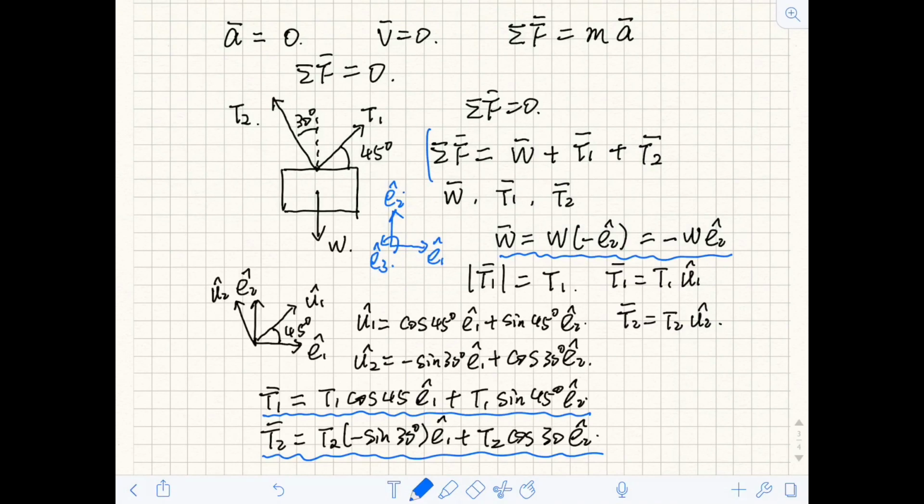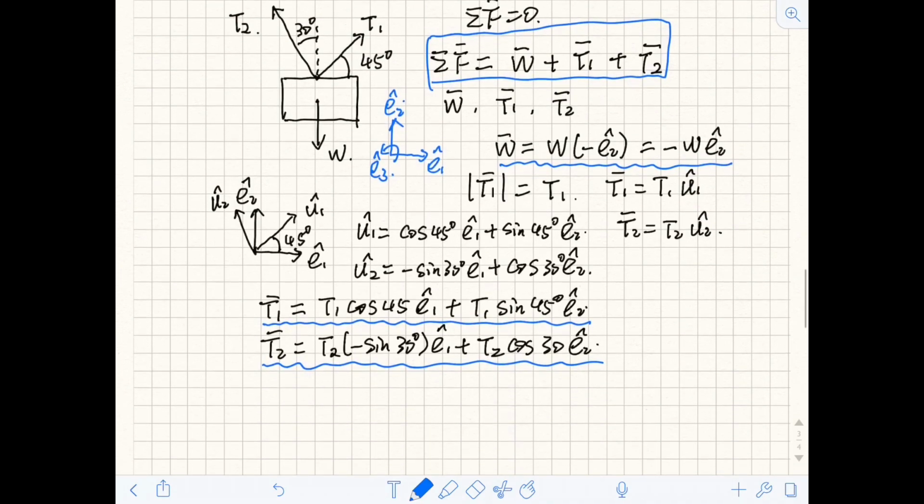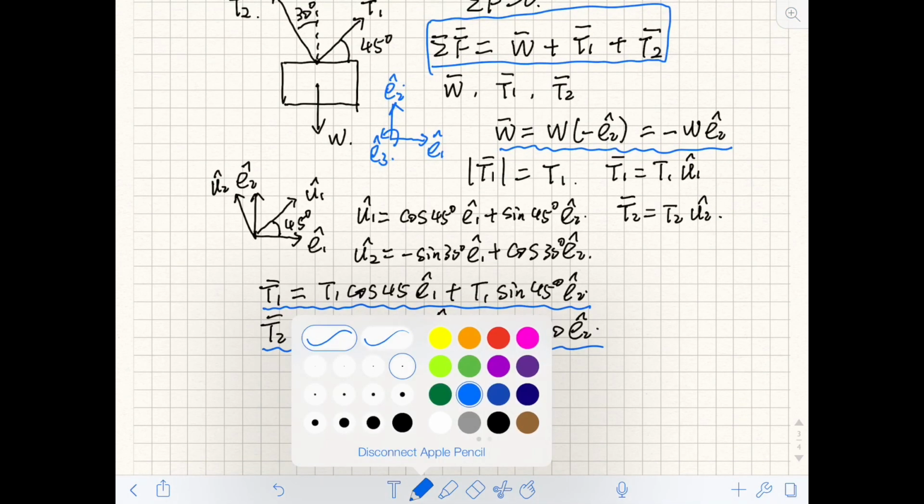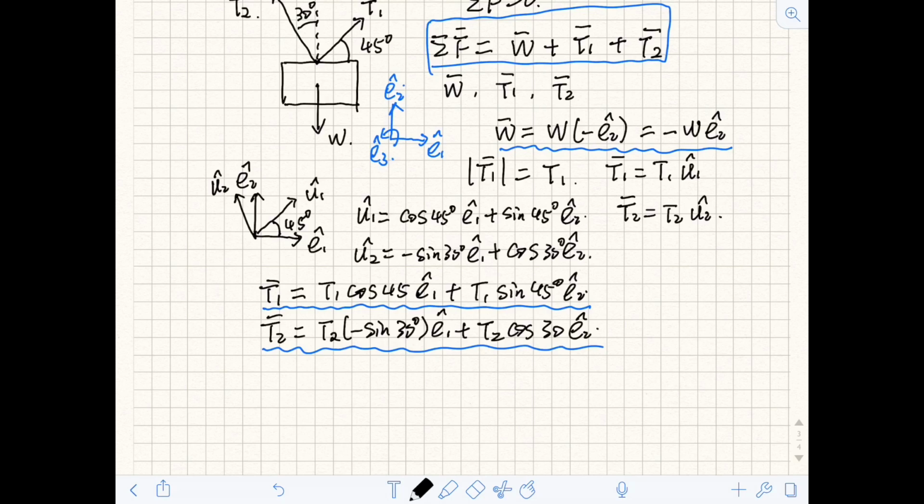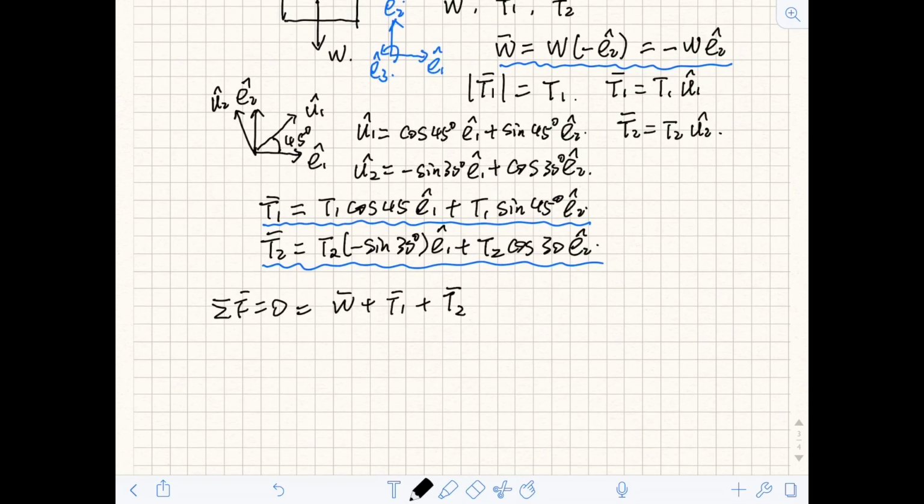Then we can use the sum of the forces to find the components of T1 and T2. So we know the sum of the forces is equal to 0 and is equal to W bar plus T1 bar plus T2 bar. And let's replace all the variables that we have just worked out.